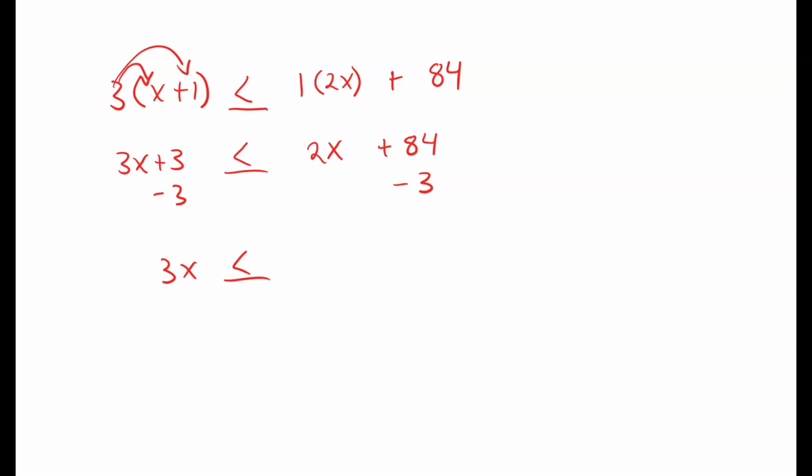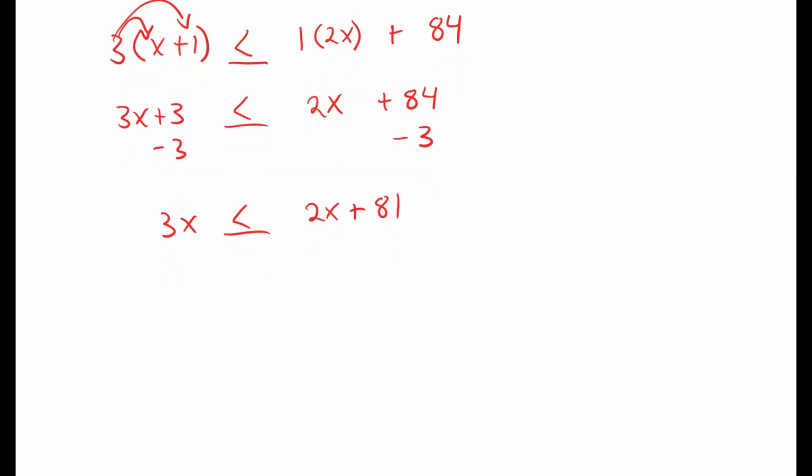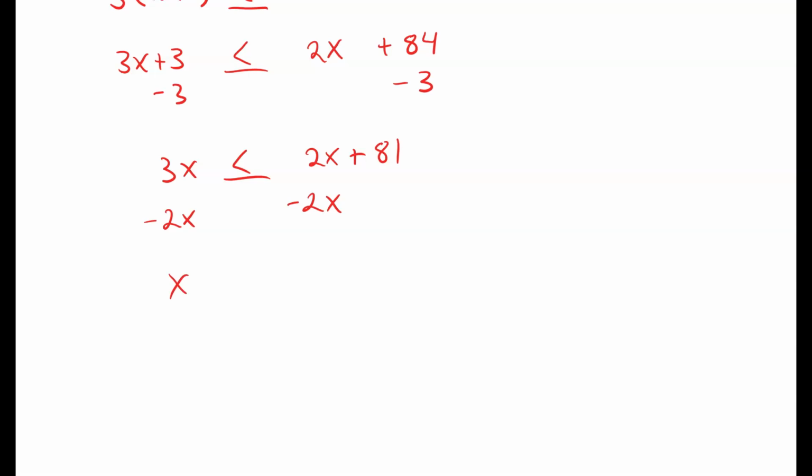Symbol stays the same. 2x, and we have 84 subtract 3, which is giving us 81, and it's positive. Now we want to move our 2x to the left-hand side by subtracting 2x, and we're going to get x by itself. Symbol stays the same, and we have 81. That'll bring us to the end of this question because we don't have to isolate x. It's already by itself.